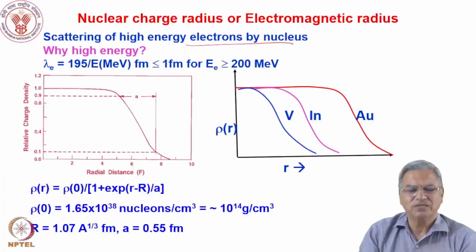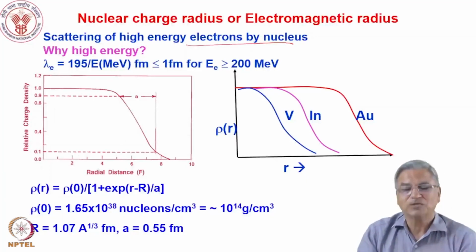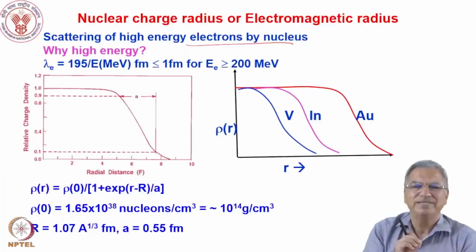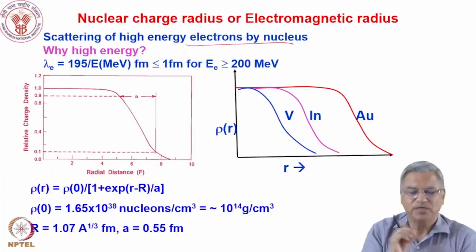Electrons will interact with the nucleus by electromagnetic interaction, or you can say Coulombic interaction. If you want the electron to probe the inner dimension of the nucleus, the wavelength of the electron has to be less than the dimension of the nucleus.